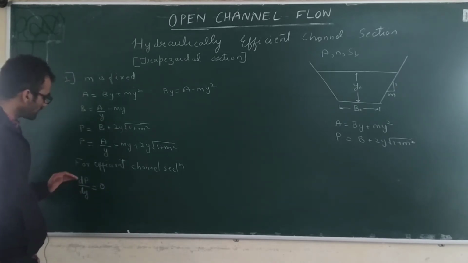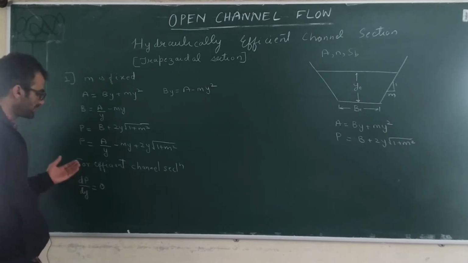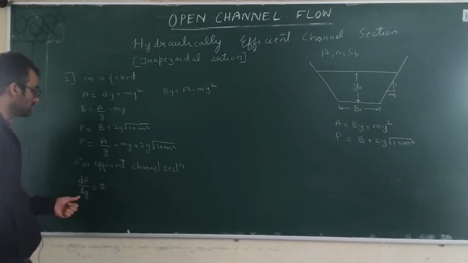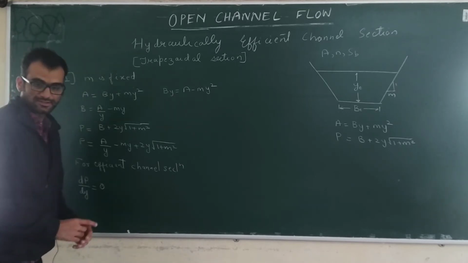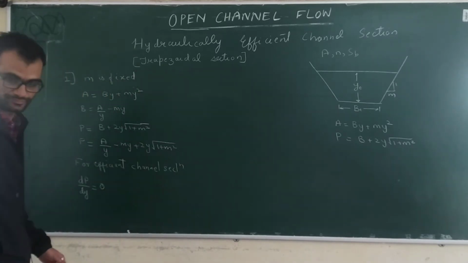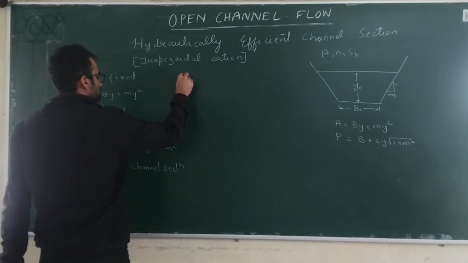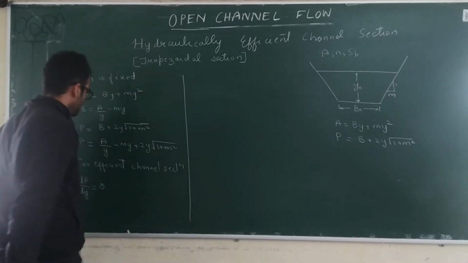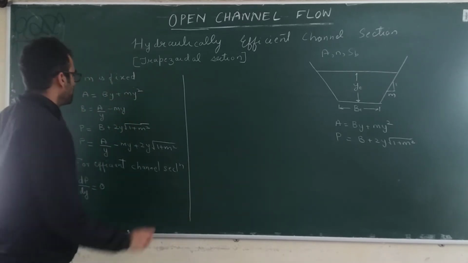At what depth do we get minimum perimeter for a fixed flow area, that we need to find out. So let's differentiate with respect to depth. So differentiate p with respect to y.